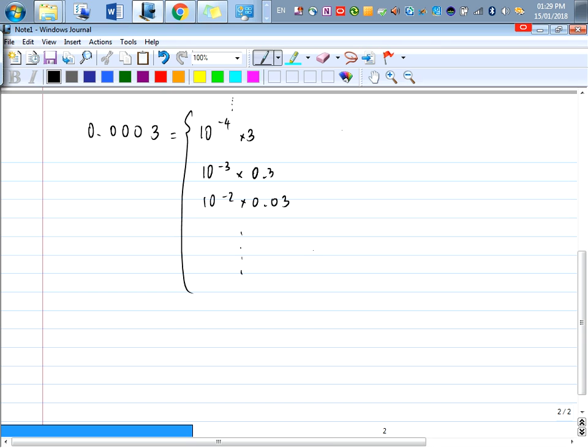The first one, because by habit, I already wrote down the standard form. This one is in standard form because this number over here is our value for A. It is greater than or equal to 1, but smaller than 10.